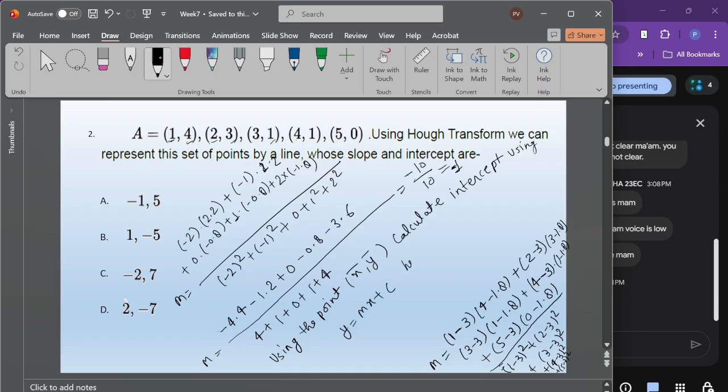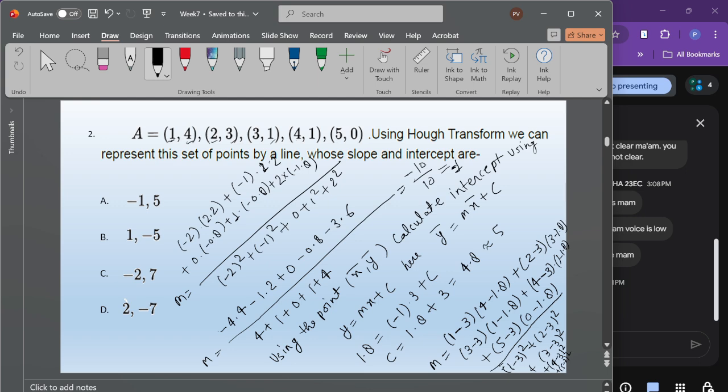Here we will represent it as y dash is equal to m x dash plus c, right? Y dash we know that is 1.8, m is minus 1 that we had calculated, x dash is 3 plus c, right? So c is equal to 1.8 plus 3, so overall you will get 4.8 and that is approximately equal to 5, right?